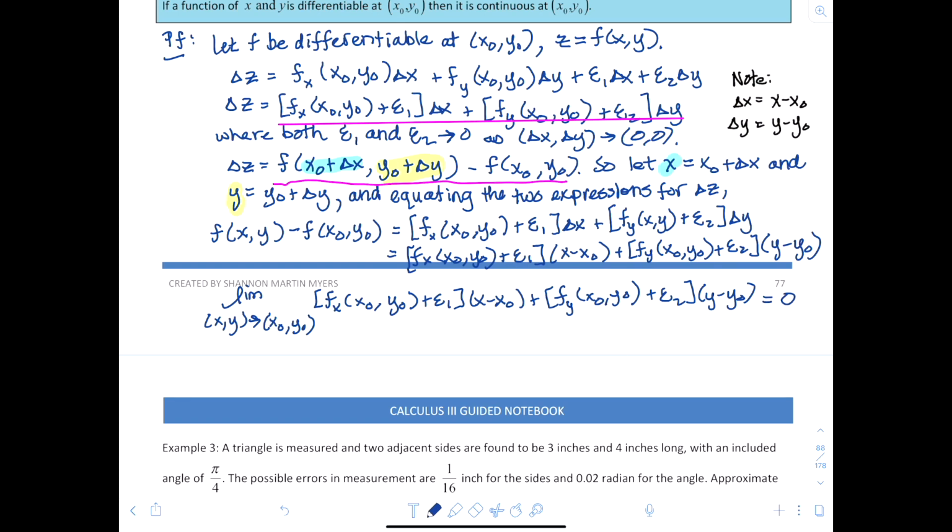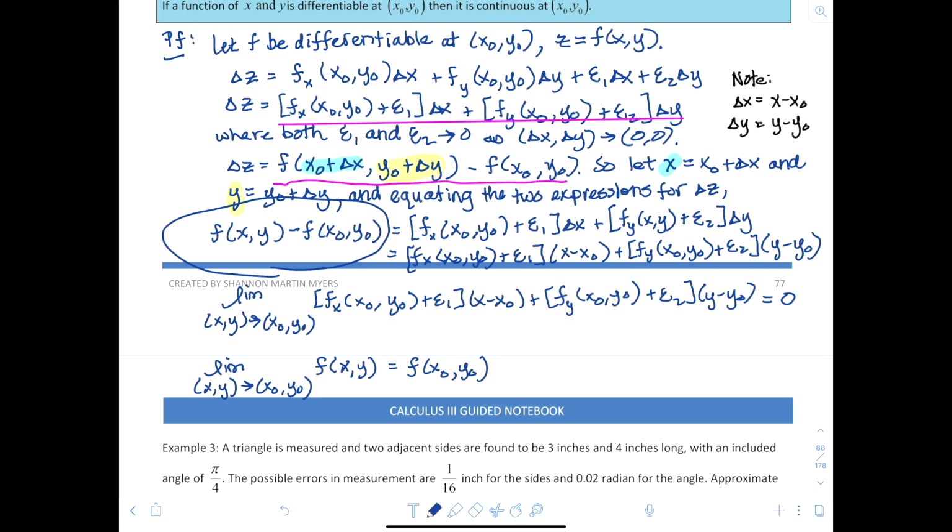So therefore, we can conclude that the limit as x and y approach x0, y0 of our f of x and y is just going to equal f of x0, y0, right? And I'm looking here at this one because if you take the limit of both sides as x and y approach x0, y0, you'll get that that limit approaches f at x0, y0.